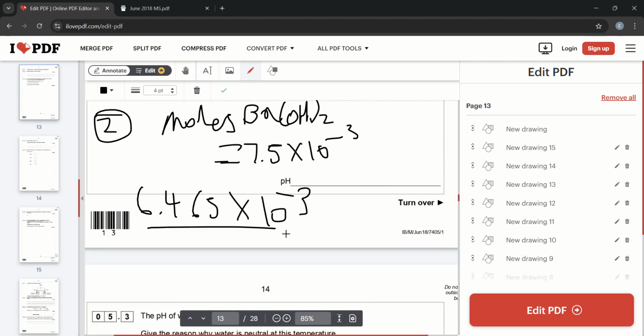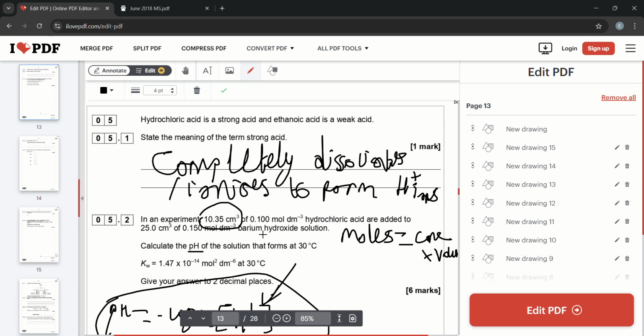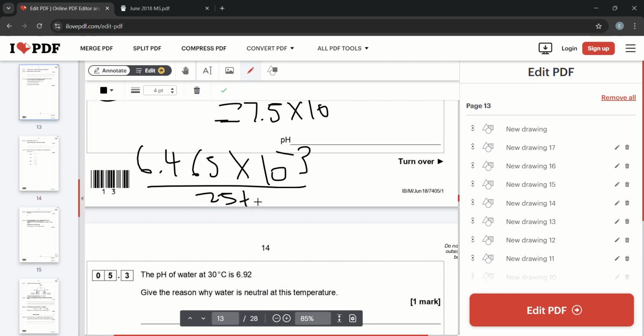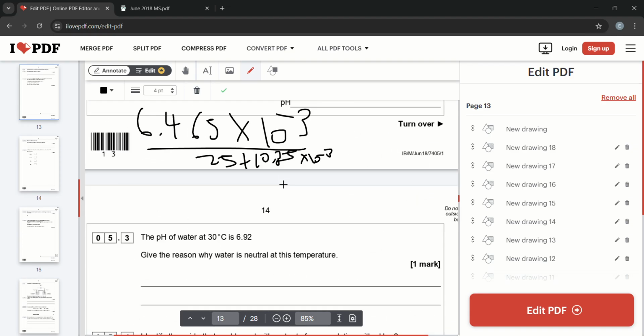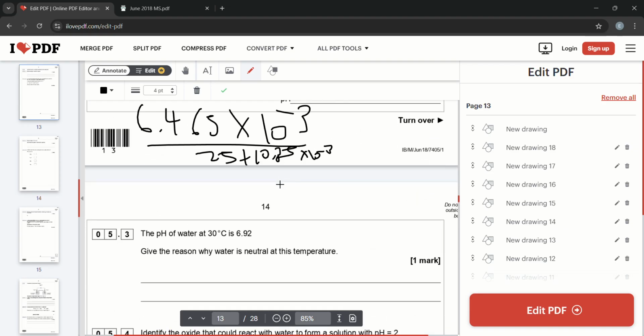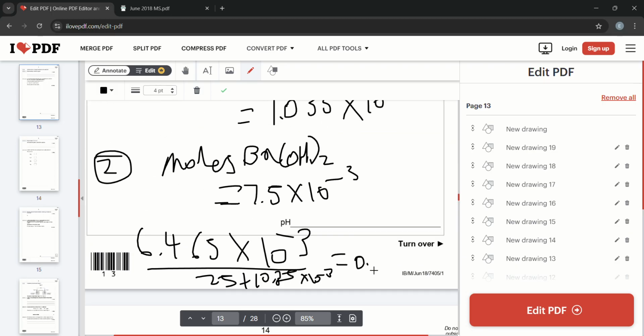That's this divided by the total volume, 25 plus 10.35, divided by 1000, because we want moles per dm cubed, times 10 to the power minus 3. Which will give me 0.18288.